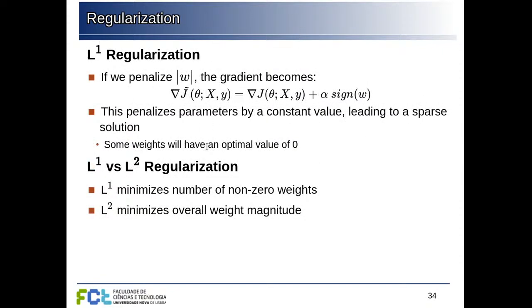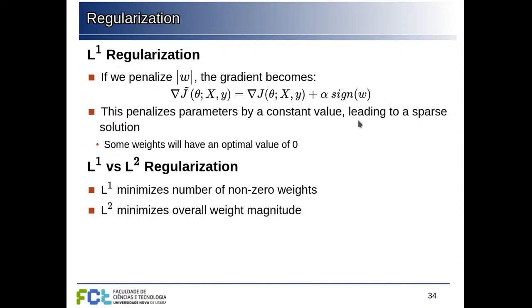In L1 regularization, we are penalizing the modulus of the weight. So basically, we are adding or subtracting a constant that depends on the sign of the weight. It will be negative for negative weights, positive for positive weights, and we are subtracting that from the weight.